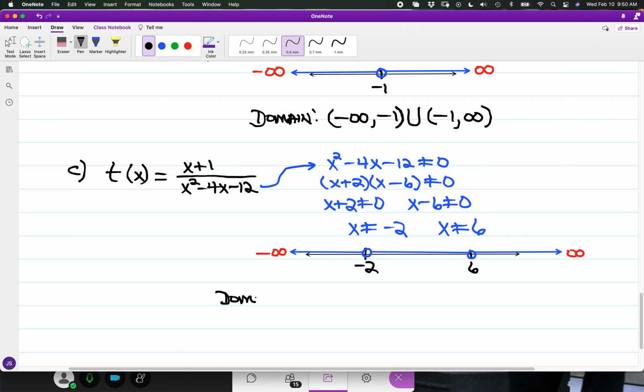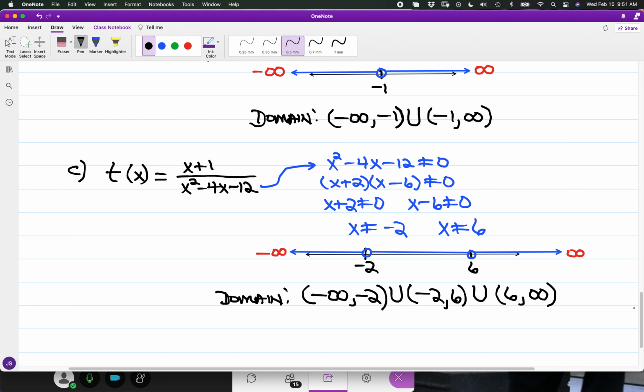For the activity around the hole at negative 2, preceding this we have going from negative infinity, approaching but not including negative 2. Then the next section, bypassing negative 2, approaching but not including 6. And then working around 6, going past 6 and not including 6, and going continuously out to infinity.